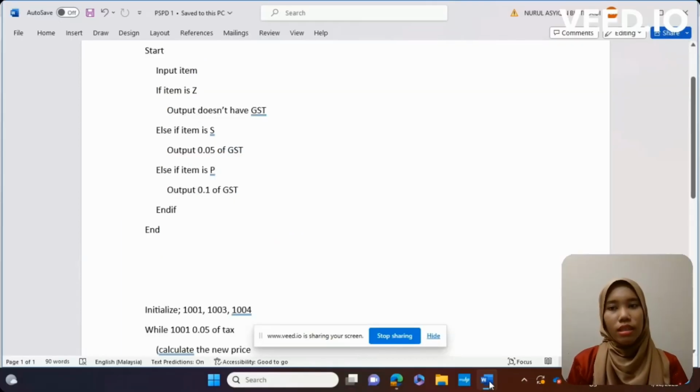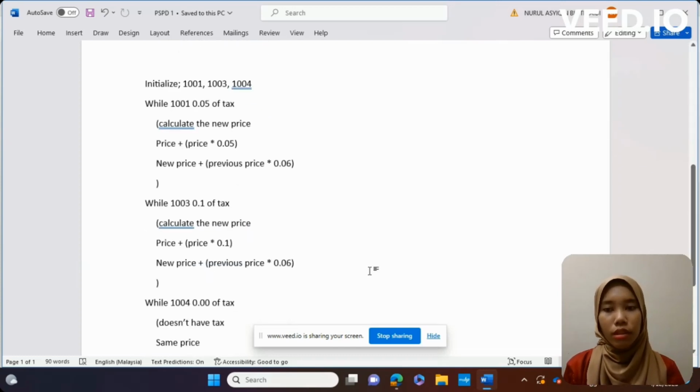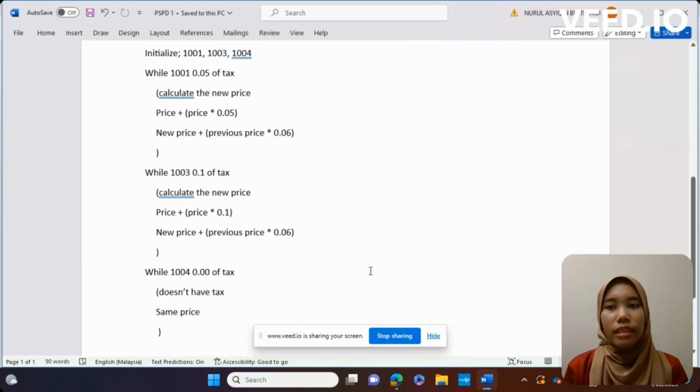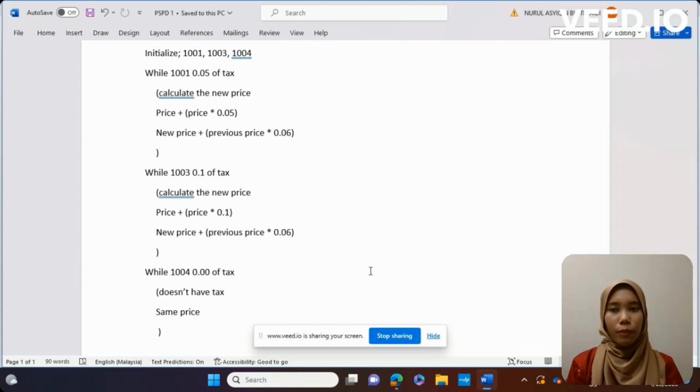Of pseudocode. Start, input item. If item is Z, output the Z GST. Else if item is S, output 0.05 of GST. Else if item is P, output 0.1 of GST. And for the loop of pseudocode, initialize 1001, 1003, 1004. Well, 1001 has 0.05 of tax.